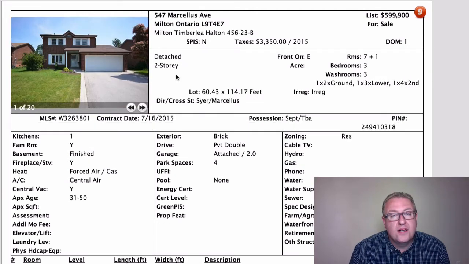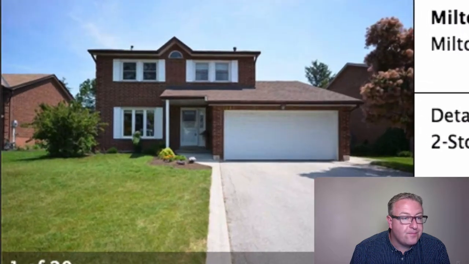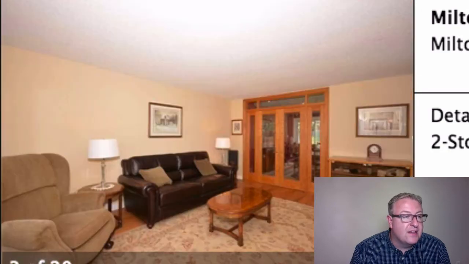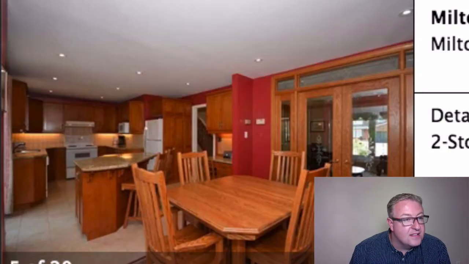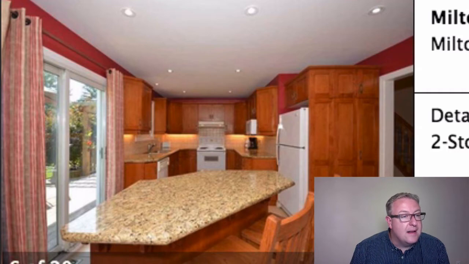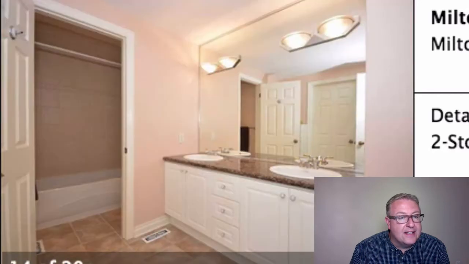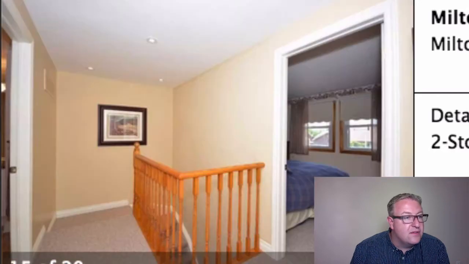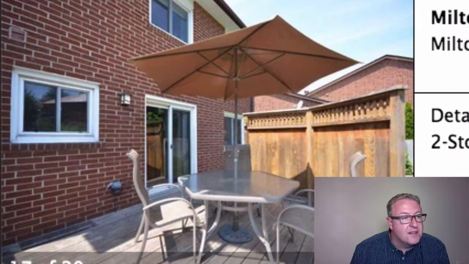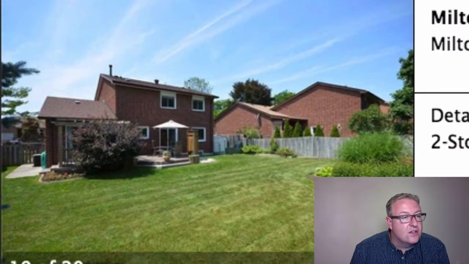Got Marcellus here at $599,900. If anything, the only problem that I would have with this would be it's a 3-bedroom, but I think besides that, it looks like it's in very good shape. Bit of a darker toned wood here, but it looks like they've kept it pretty well. And so 60 by 115 foot lot, couple pot lights at the top of the stairs, and good looking backyard.